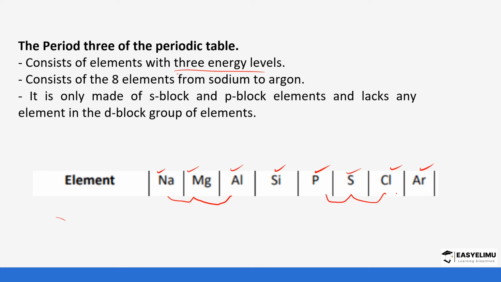Phosphorus, sulfur, chlorine are nonmetals, and argon and silicon is a semi-metal. So some of the properties may not gradually increase or decrease. Some may, some may not. We'll be tackling sodium, magnesium, and aluminium together, and phosphorus, sulfur, chlorine together in most cases.